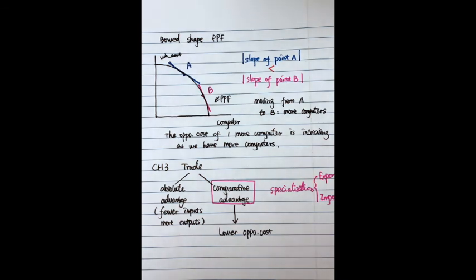So this is the trick to help you distinguish comparative advantage and absolute advantage. And if a country has comparative advantage in 1 good, then it should export that good and import the other good, okay? So I think those are the contents of the 3 chapters. I hope you can understand. And good luck for the exam.